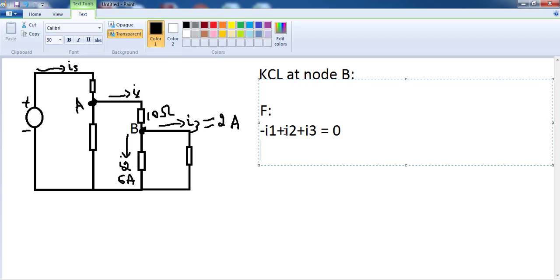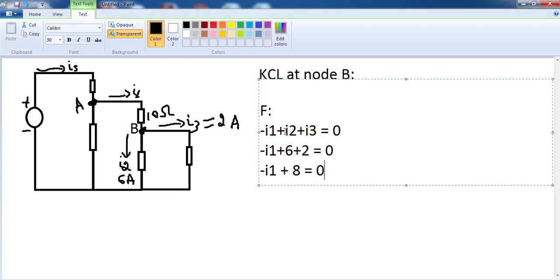Now we know some of the values. Negative I1 plus, what is the value of I2? 6 amp, plus the value of I3, which is 2, is equal to 0. So negative I1 plus 8 amp is equal to 0.